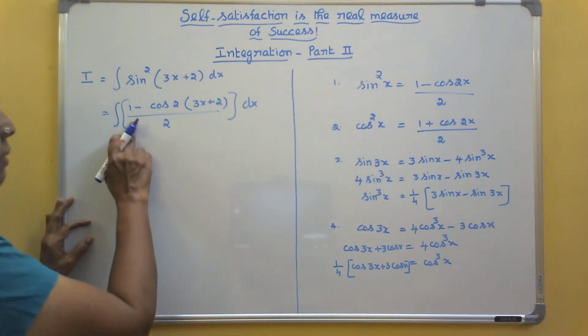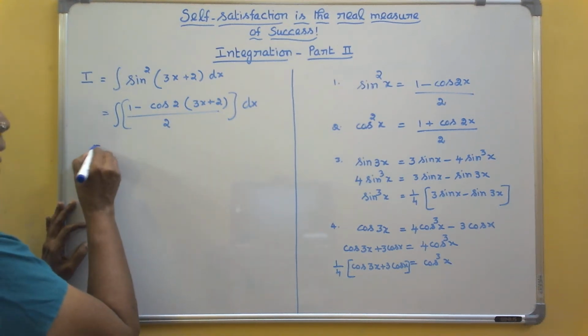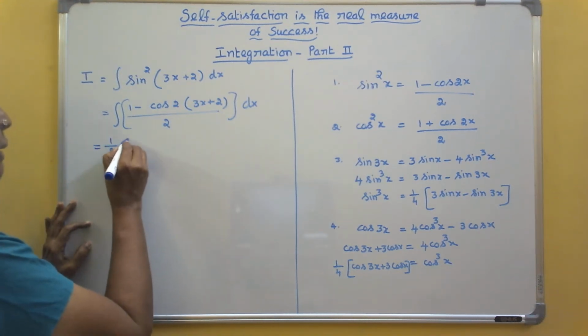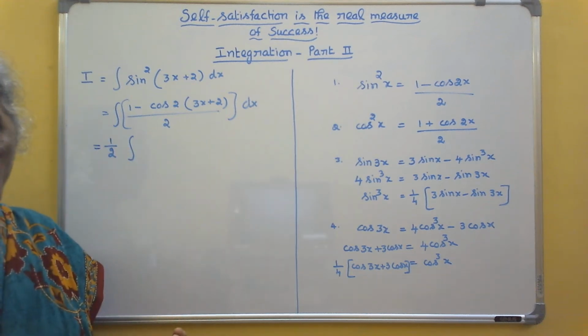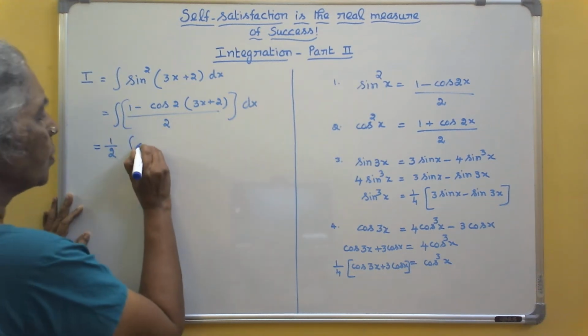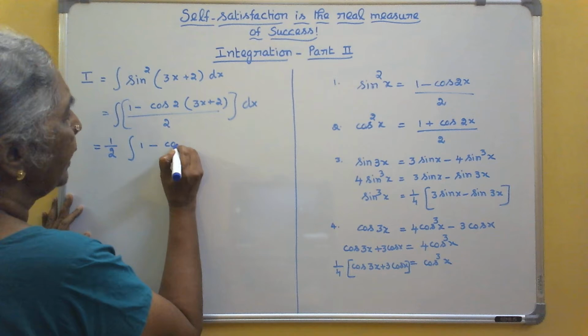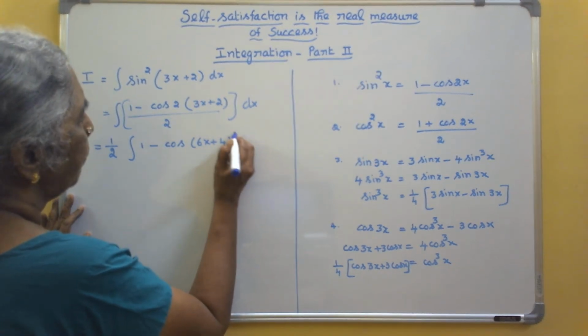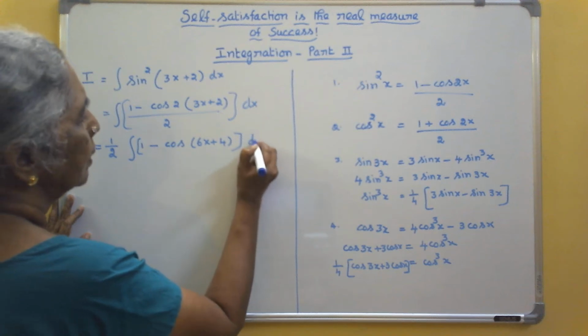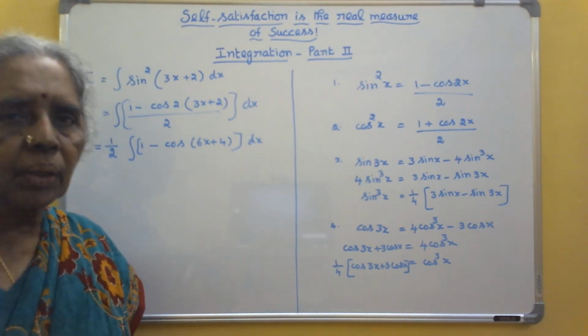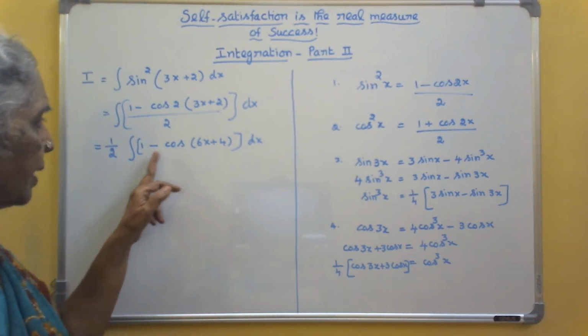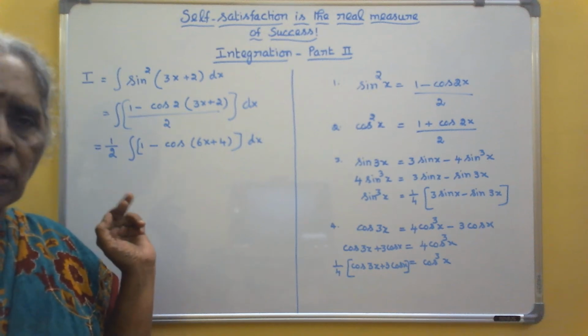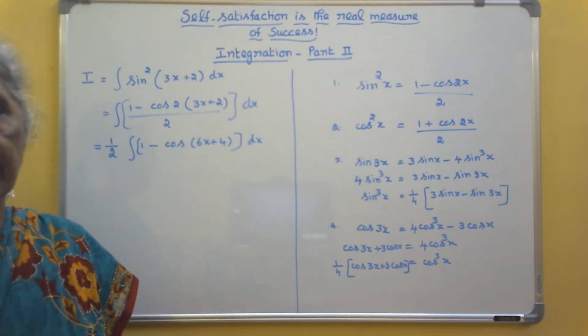Now, this 2 in the denominator I am taking outside the integral as 1 by 2. Then I write this 1 as it is. Here I expand the bracket, so I get 6x plus 4 dx. Okay? Now, you are just having 2 terms which you can integrate easily.